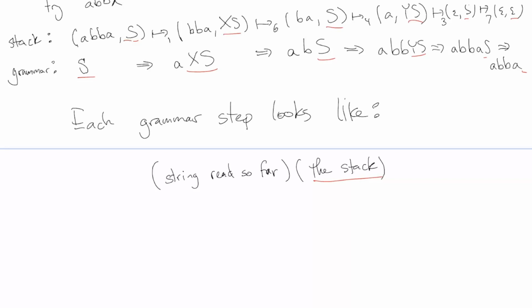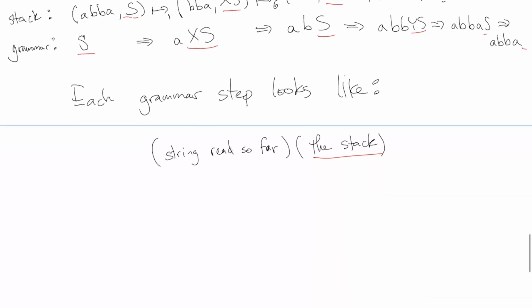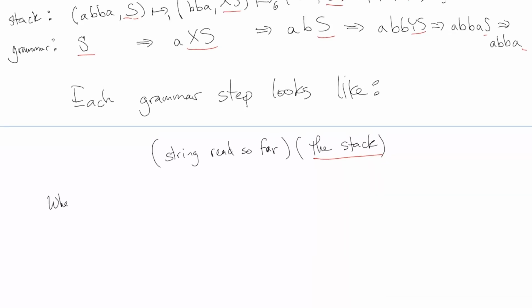And can we say what actually happens to the string from one step to the next? So when we do a stack step that looks like read X, pop Y, push Z, what is the effect of that in the grammar derivation?